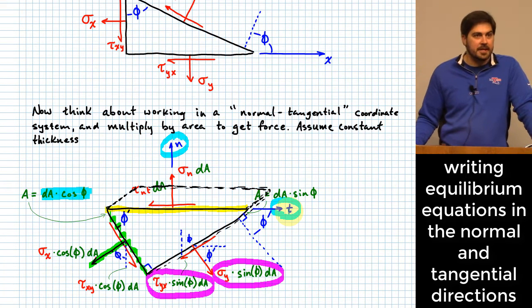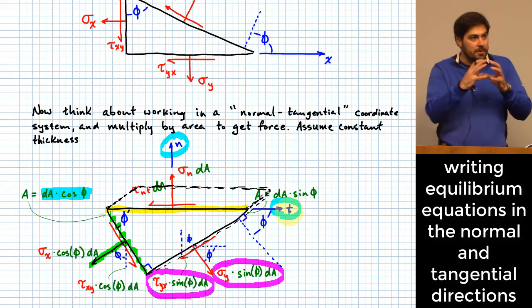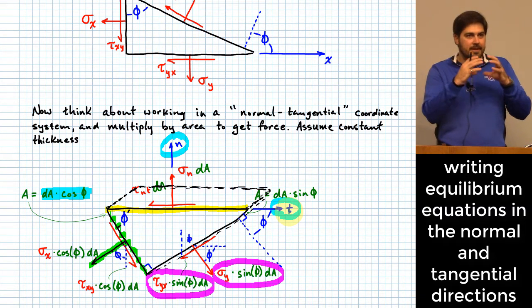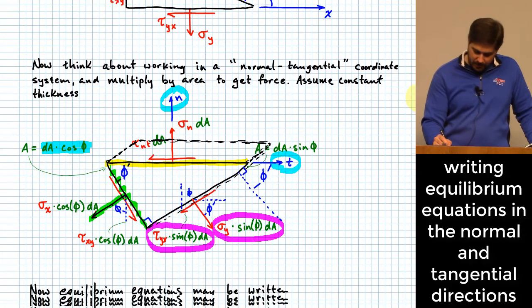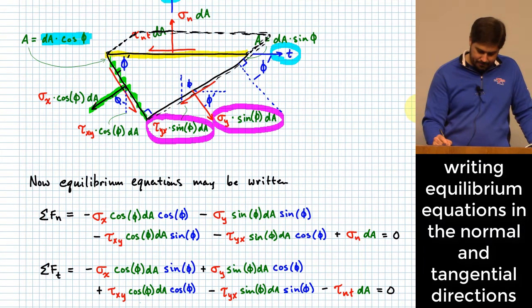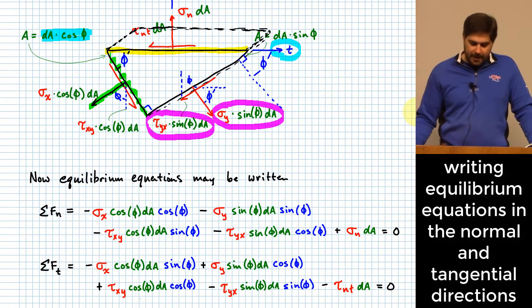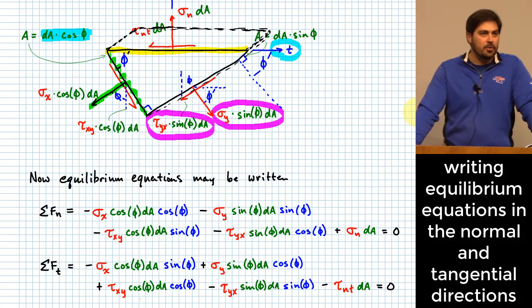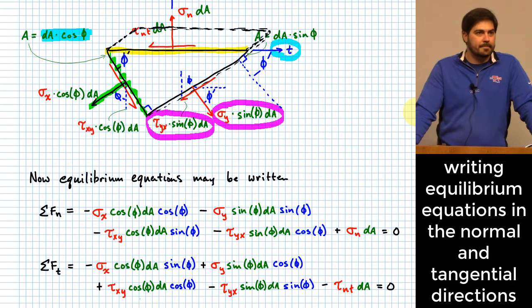So that's our next thing, to write equilibrium equations for this infinitesimally small piece of material. Here's what that would look like. To help you understand what we're doing here, I color-coded where each of the terms came from.